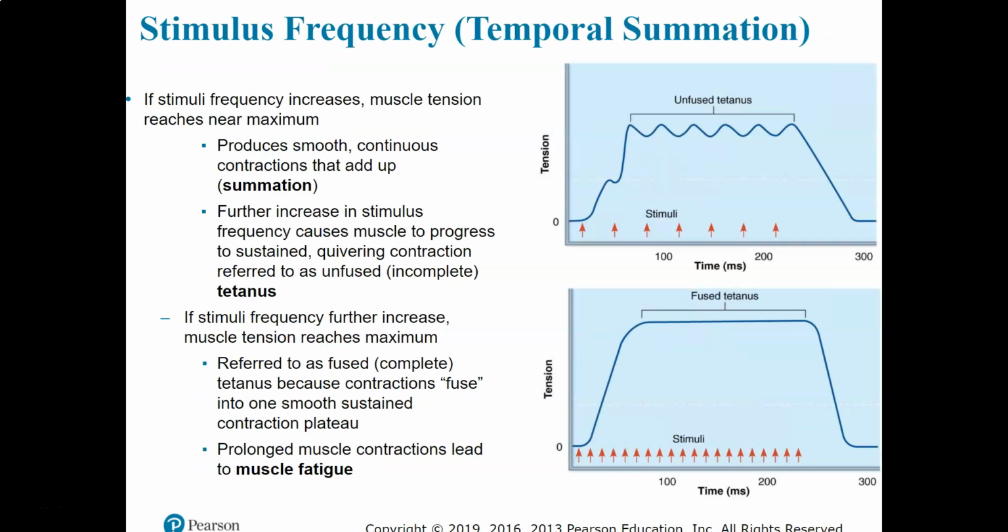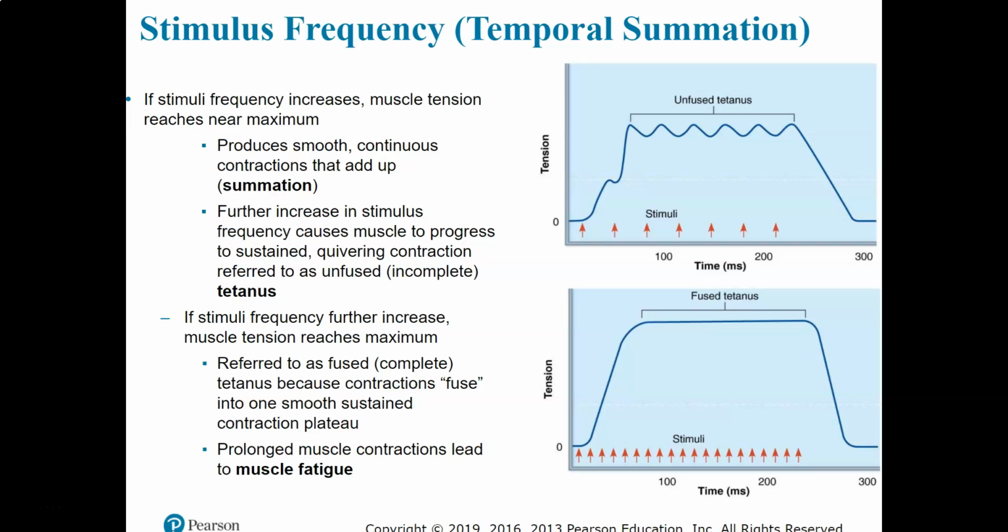The tension increases. If we increase the stimulus even more, then we are going to get this what's called sustained quivering contraction that's referred to as unfused or incomplete tetanus. And if we increase the stimulation even more beyond that, then we get this constant amount of maximal tension, what's called fused or complete tetanus.